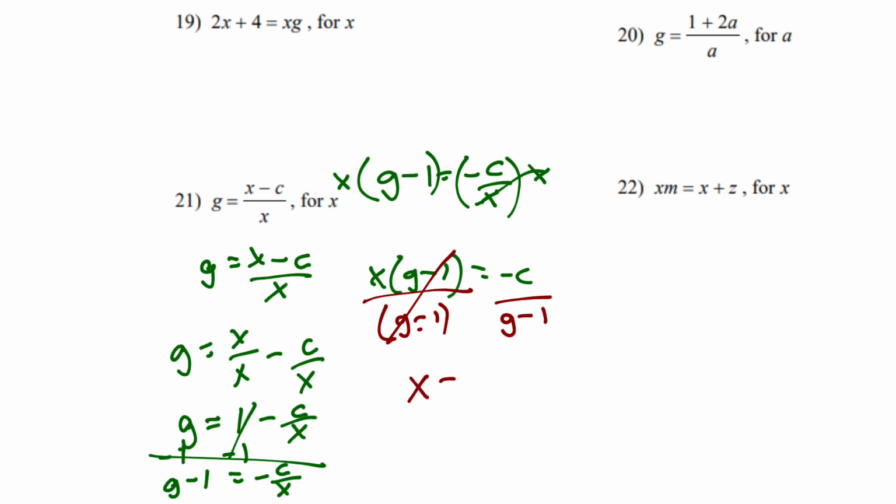So we're left with 1x equals negative c over g minus 1. If you want to clean up those negatives a little bit, you can. You can do that by putting the c over the g, separating it out like we did with the fraction above, and making it negative c over g and negative c over negative 1. But you can also just leave it the way that it is right here because we have solved for x.